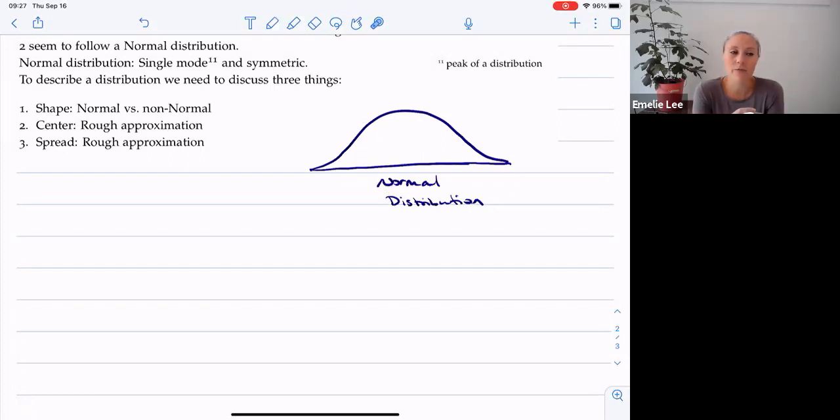Heights of people, for example, follow a normal distribution, right? Most of us are hanging around the average, it turns out. That's how we get to the average, right? And then we know that there are some people that are shorter and some people that are taller. And then there are very few people who are very, very short.